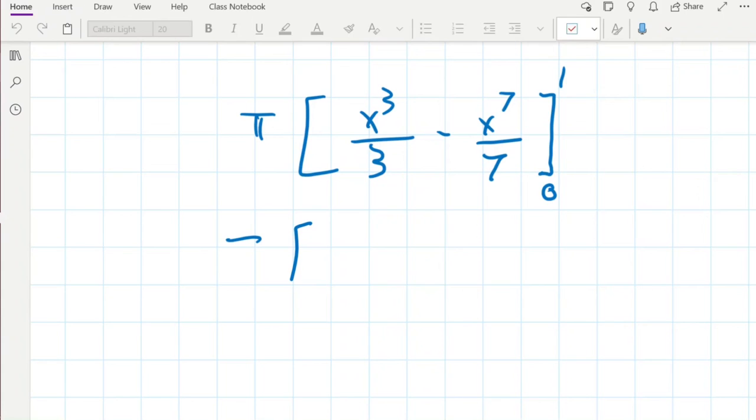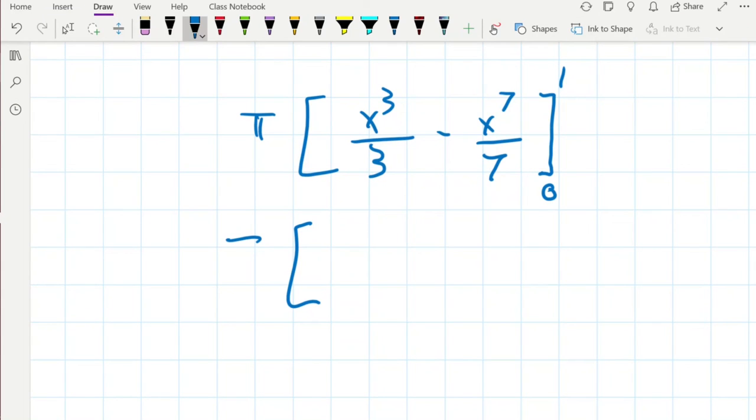Let me just reshare my screen to finish this up. All right, there we go. So it's pi times 1 over 3 minus 1 over 7, and then minus 0.